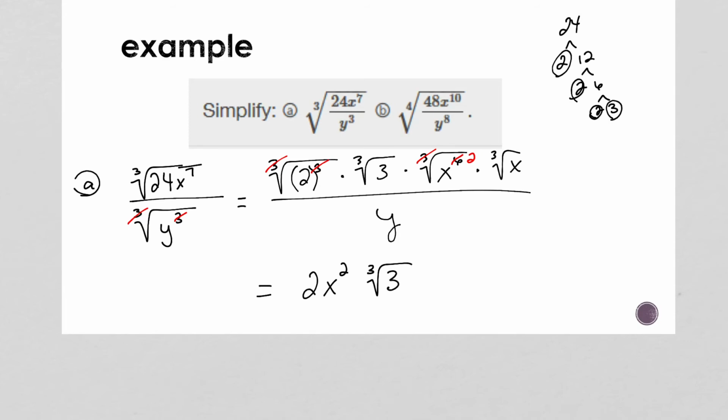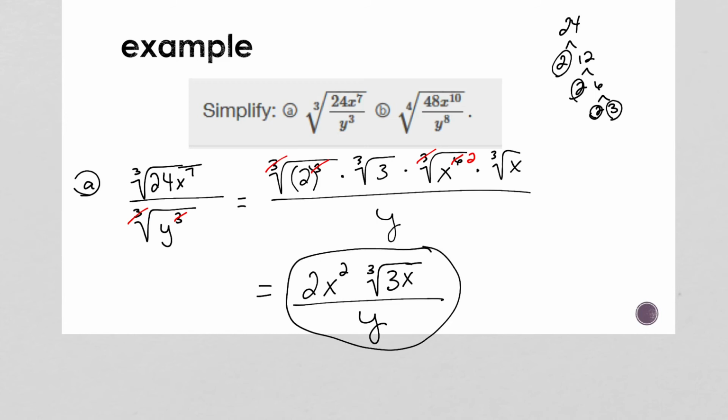I've got a 3 and I've got an x under there, okay, over y. And because we're taking the third root, an odd root, we don't have to worry about the absolute value bars here. All right, so now this problem is complete. We're done. All right, let's go on to B.